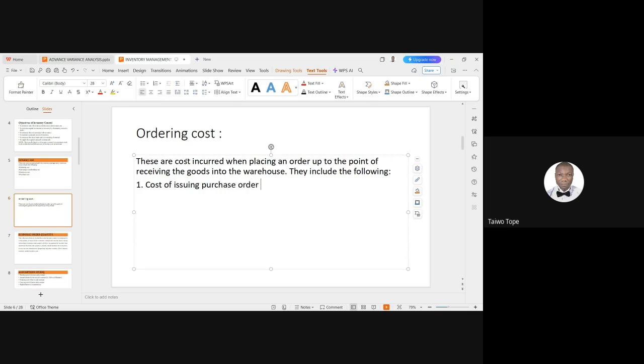And what are examples of these costs? You can have people working for you, placing orders, but they are not permanent staff. Depending on how you operate in the organization, you can have remuneration of purchasing department staff, because that is their work, to place orders. Remuneration of purchasing department staff.